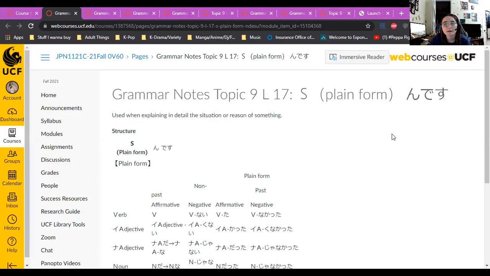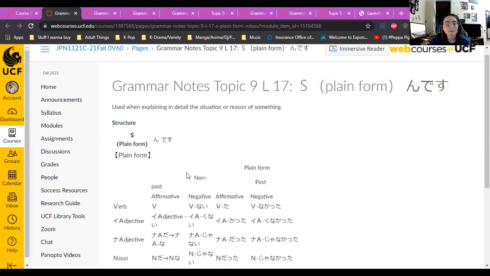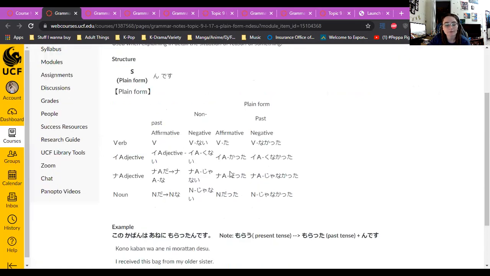Okay, so let's look at the examples that Imhof Sensei has on Canvas. So here is kind of a visual of it. Affirmative, the verb in its dictionary form, nai.